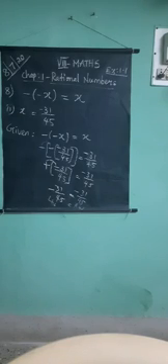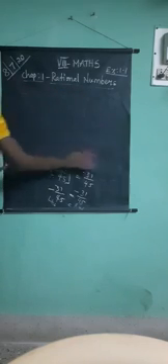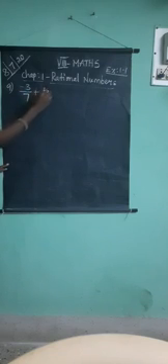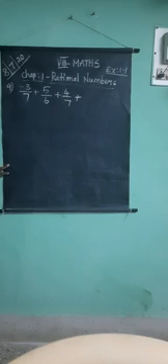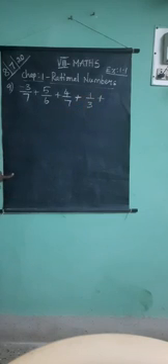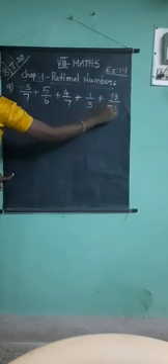Now, 9th problem, rearrange suitably and add: minus 3 by 7 plus 5 by 6 plus 4 by 7 plus 1 by 3 plus 13 by minus 6.